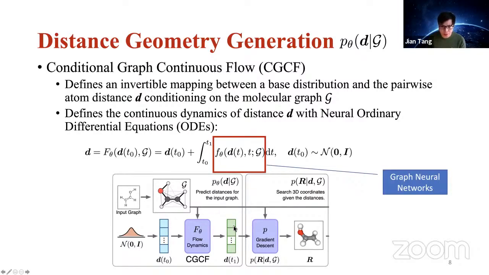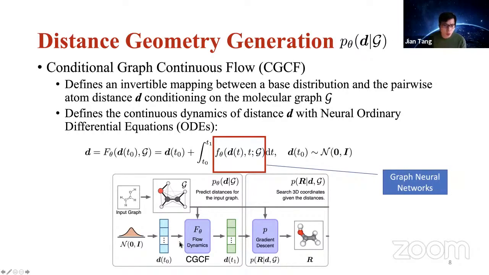Here is the vector of pairwise distances among atoms on the molecular graph, where each element is a distance. And here is the base distribution, where each element is sampled from a base Gaussian distribution. What we're trying to do is define an invertible mapping from the base distribution to the distances among the atoms on the graph.